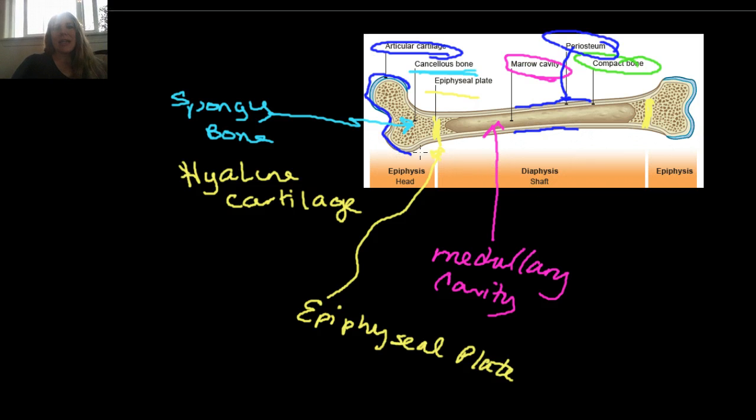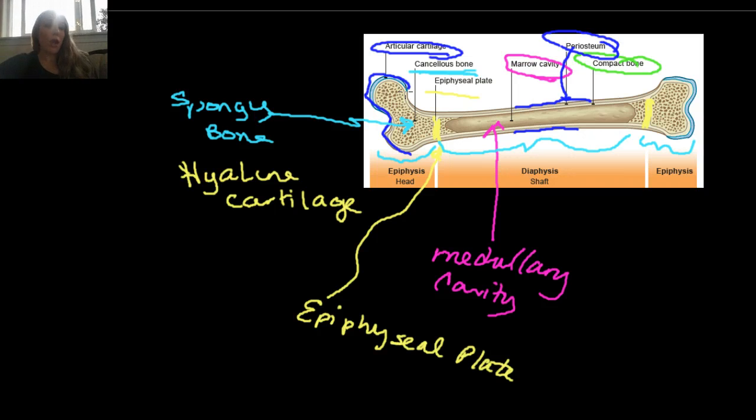Now let's take this long bone and notice that it can be divided into three main parts. At the head of the bone, in the case of a femur that's up here, this is called the epiphysis head. So the ends of the long bone are called the epiphyses.